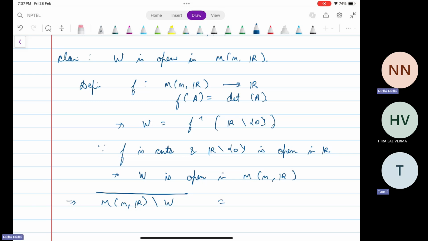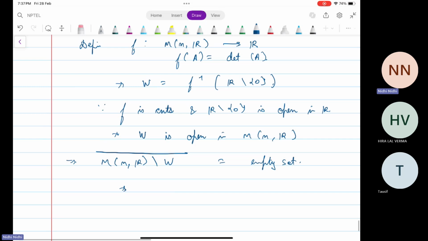Even I got confused about why I proved W is open. Because its closure's complement is the empty set. So directly we get W is not nowhere dense. Because its closure is everything, it is dense, therefore it is not nowhere dense. So basically the given statement is false.